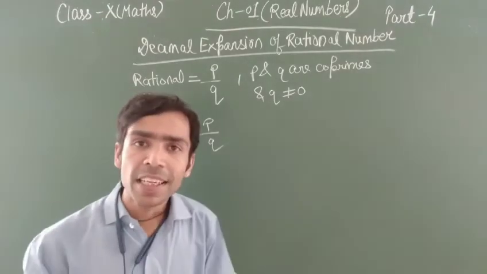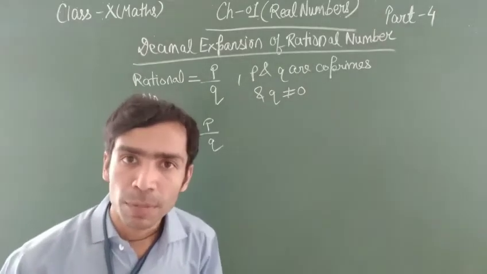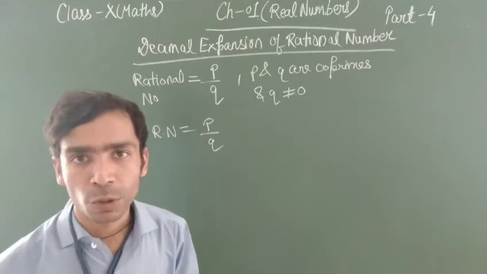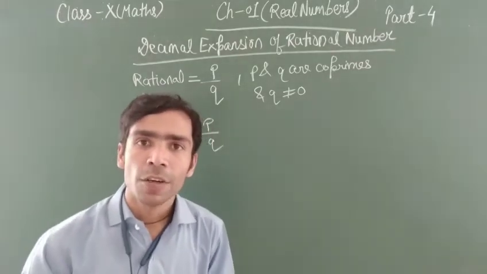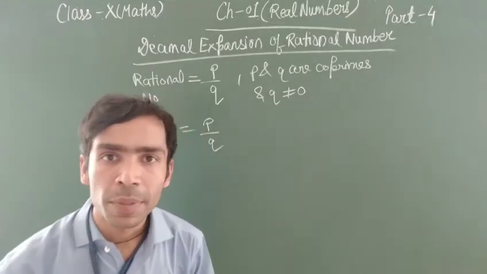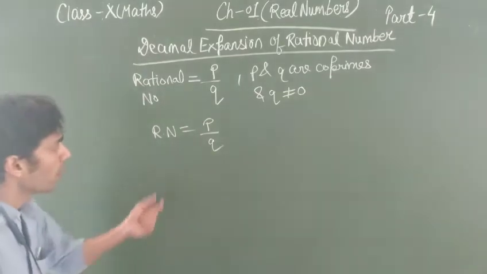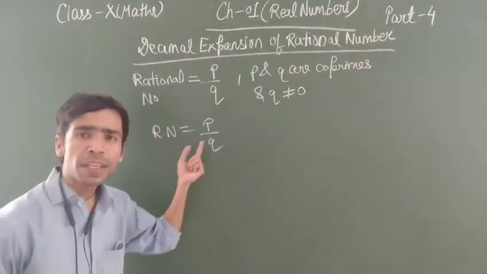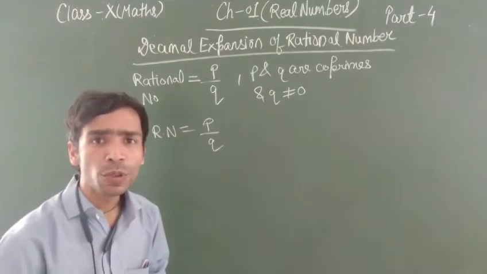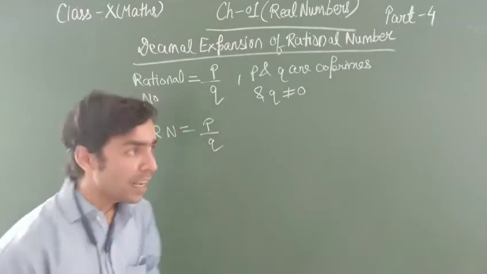If in the denominator only the factors 2 and 5 come, either 2 comes, or 5 comes, or both come together, then in that case the rational number will be a terminating rational number. For example, suppose I have represented a rational number in p by q form. First you have to do the prime factorization of q, that is the denominator.